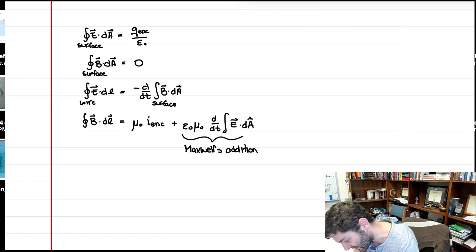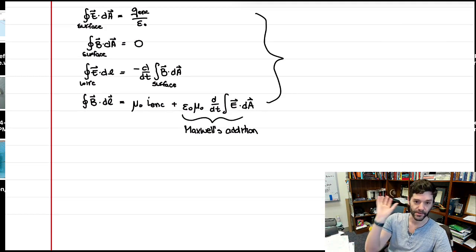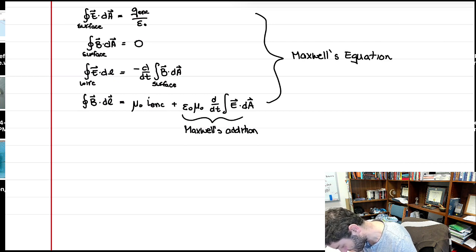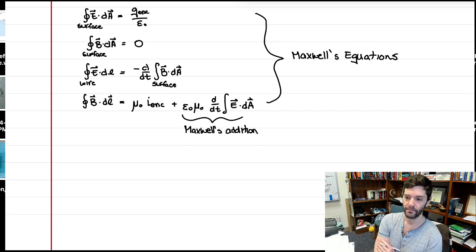These equations all arose independently of one another. Some were studying currents, some were studying electric charges, some were studying magnets. But Maxwell made the connection that if you combine all of these together, it explains all of electromagnetism. So these are now called Maxwell's equations.